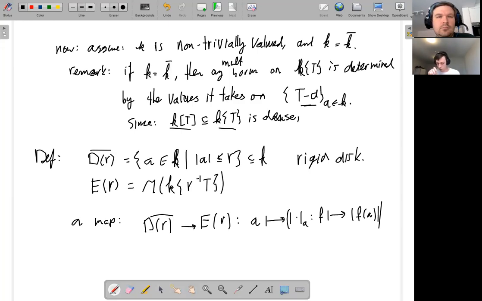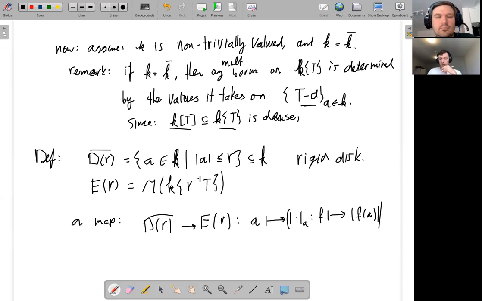Okay, so what you do is you have the element A, and it lies in this unit disk, in this rigid disk. And we already saw that for points that satisfy this condition, you can plug them into elements of this algebra, and you get an element of the field.